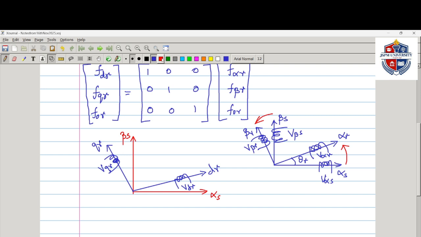So now I can draw the winding here. This voltage is nothing but VD. This is fictitious, so I will write it VD SF, fictitious. Similarly, this is moved here, VQ SF. That means F is nothing but fictitious.